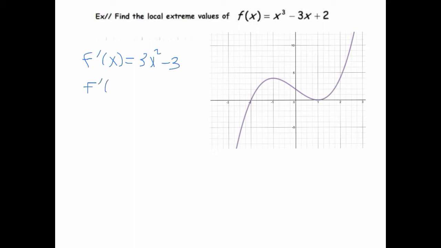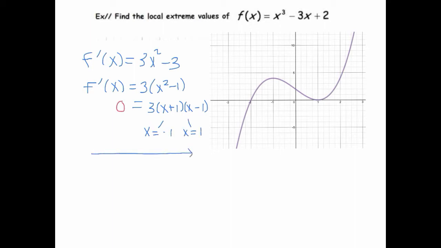If I factor that, it becomes 3 times x squared minus 1, which is 3 times x plus 1, x minus 1. If we set that equal to 0, we get that x equals negative 1 and x equals 1. So at -1 and 1, this is f prime. I'm doing this quickly because I know I've already covered it.